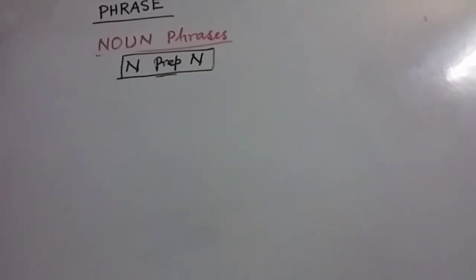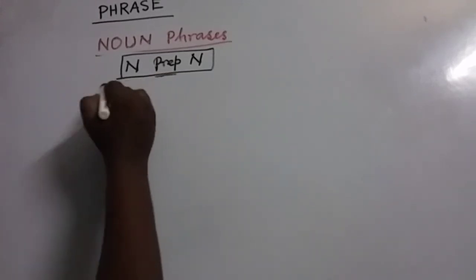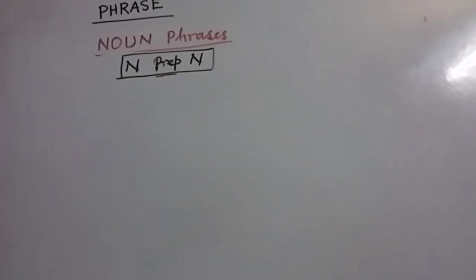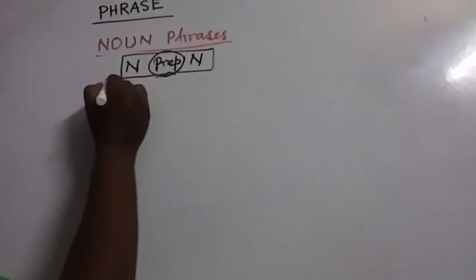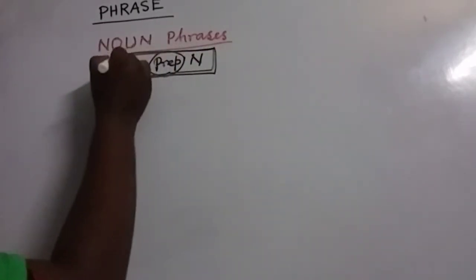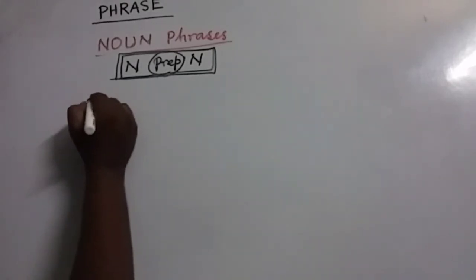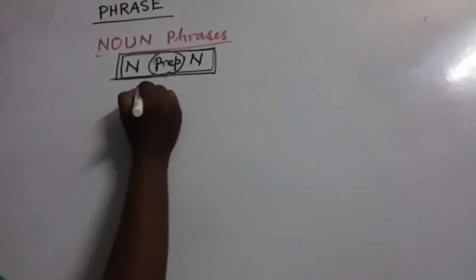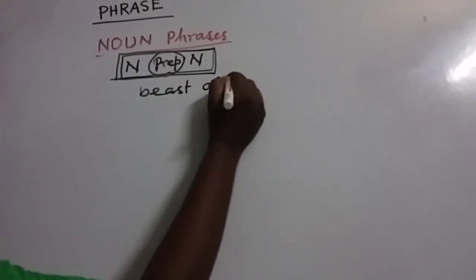Actually it's not joined, but between two nouns sometimes we use a preposition, and the entire group of words acts like a noun phrase. I'm just going to give you an example. You have seen these types of sentences: the camel is the beast of burden.